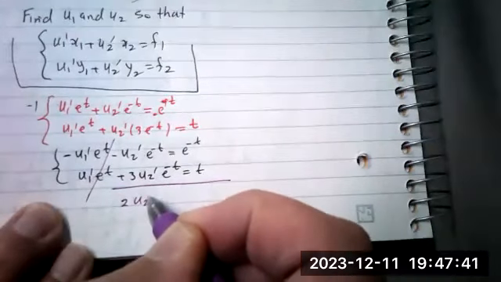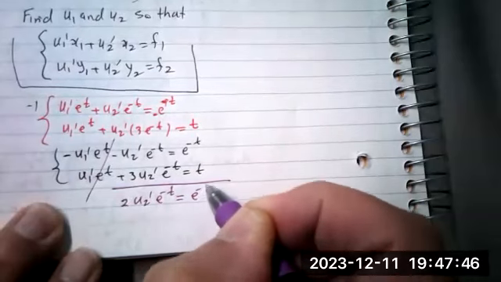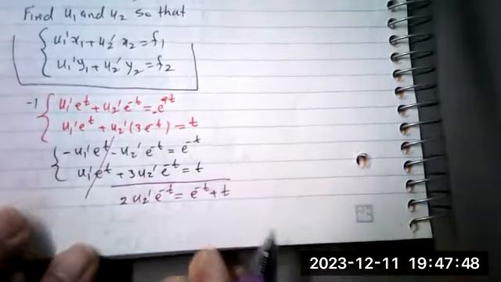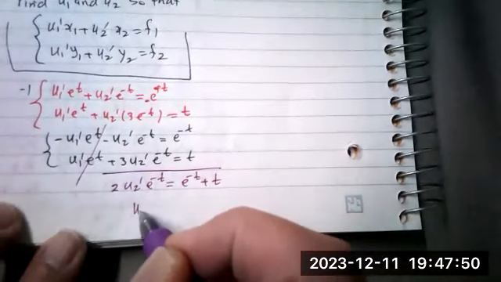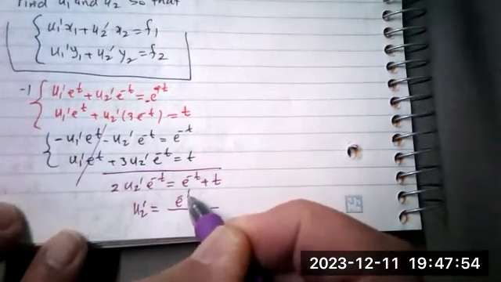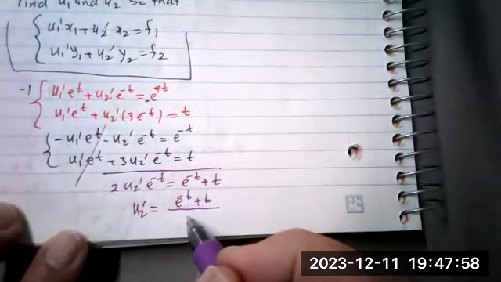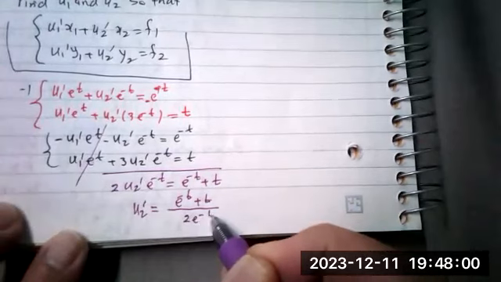2 u2 prime e to the negative t is equal to e to the negative t plus t. So u2 prime is going to be e to the negative t plus t, divided by 2e to the negative t.